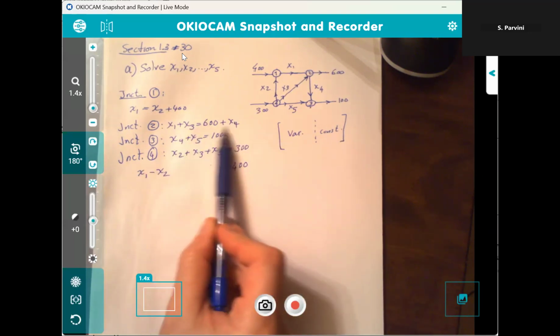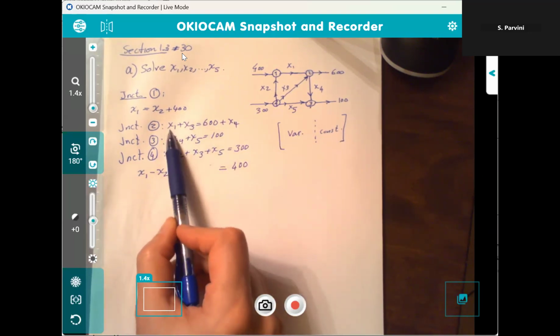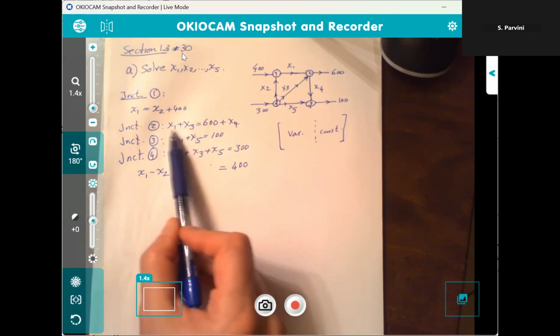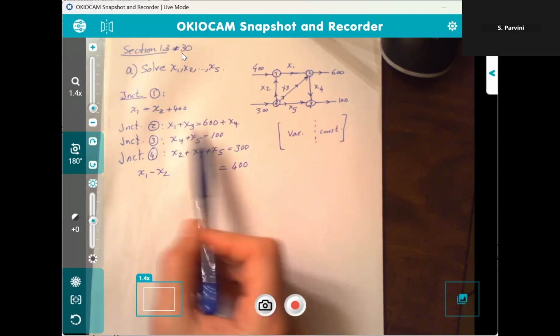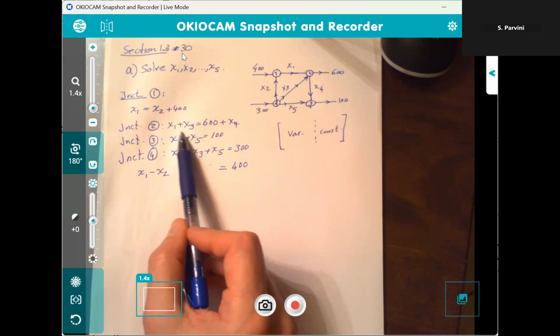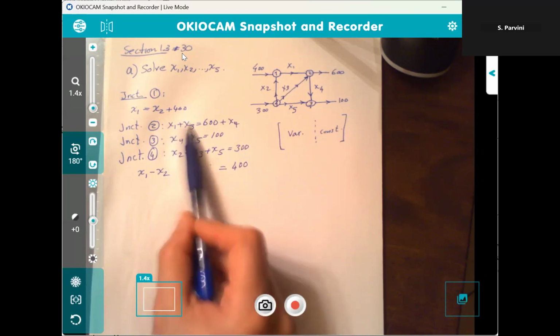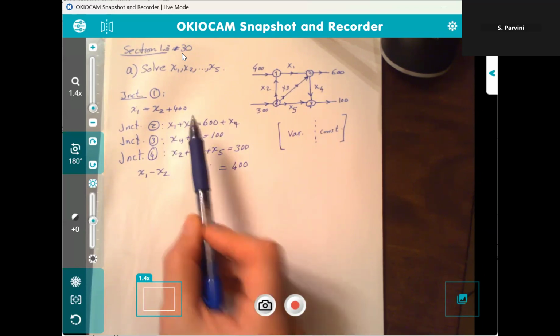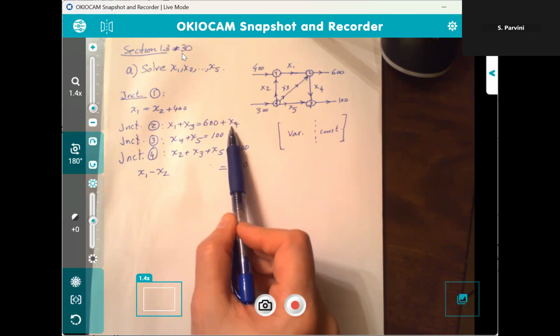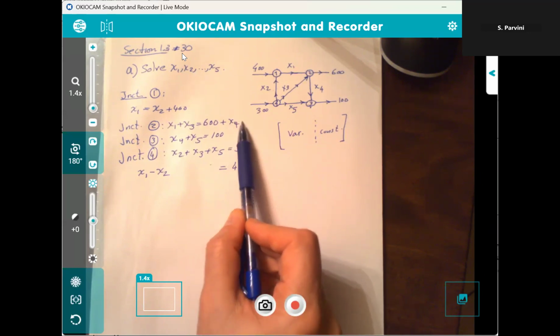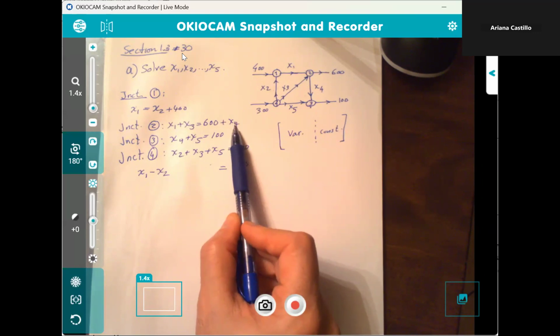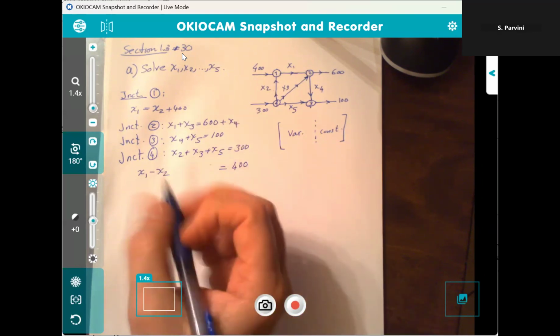This one, we got x1 and x3, right? They're to the left of the equal sign. When you think about x sub 4, we would have that as minus x sub 4 on the left. You got it.